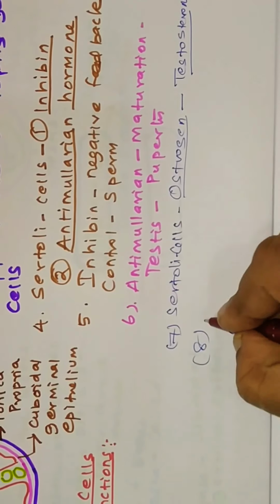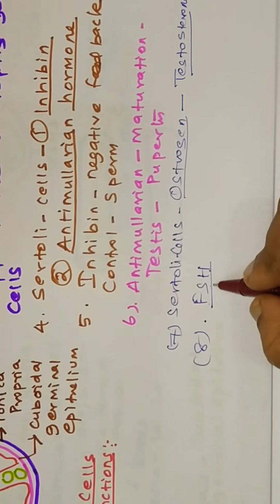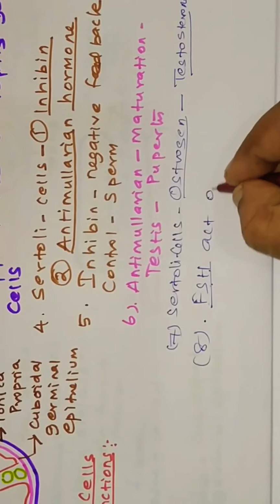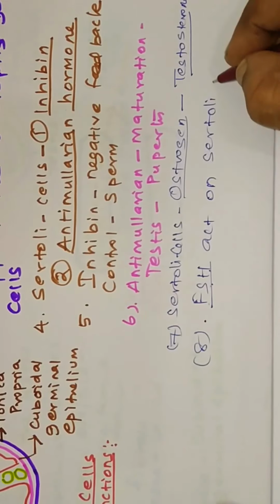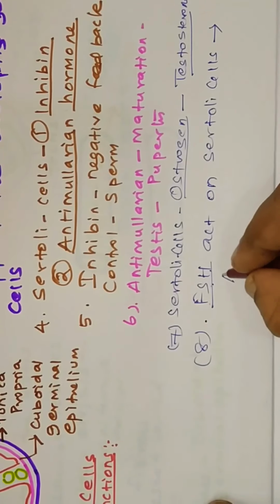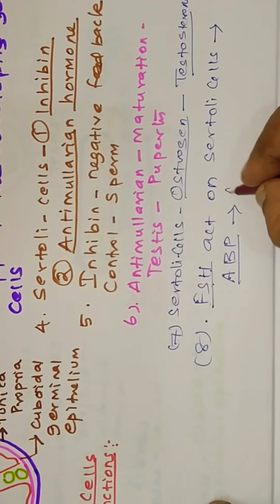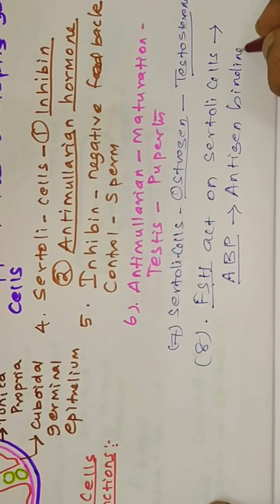And another function, the FSH hormone. FSH, follicle stimulating hormone, is secreted by the anterior lobe of the pituitary gland, the adenohypophysis. It acts on the Sertoli cells for the production of ABP, antigen binding protein.